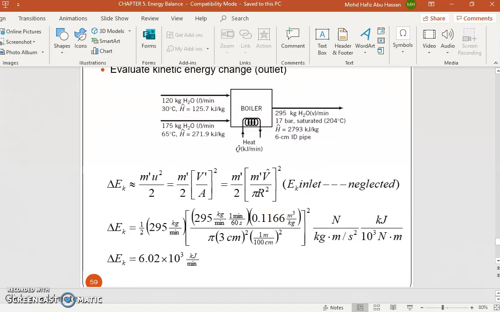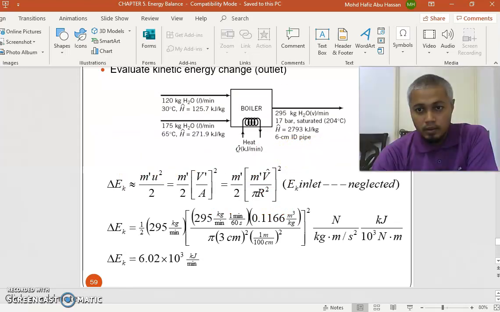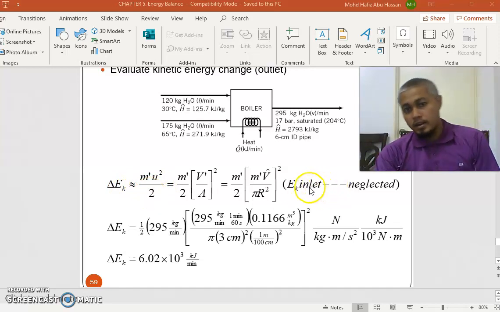Later on we are going to use it to find the kinetic energy, because in the question we have the internal diameter of the pipe for the outlet. So what we can do to find the kinetic energy, we have this formula, and since we can neglect inlet, this is the formula for outlet only.